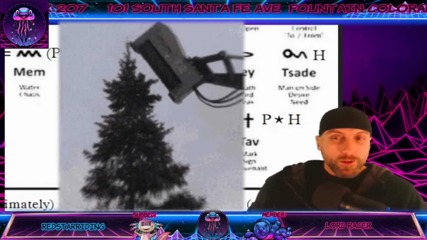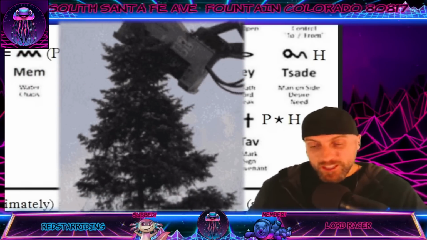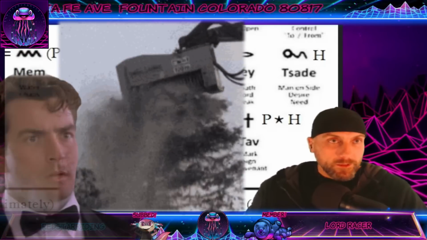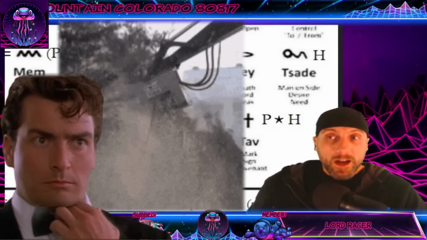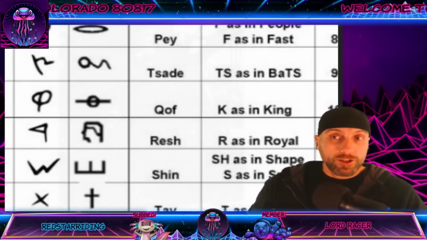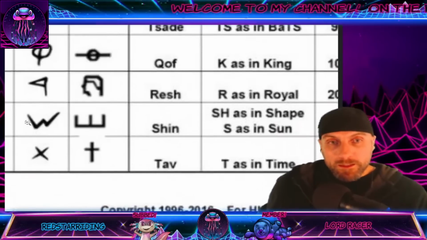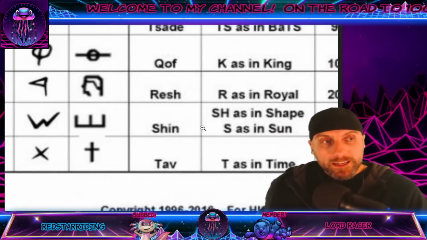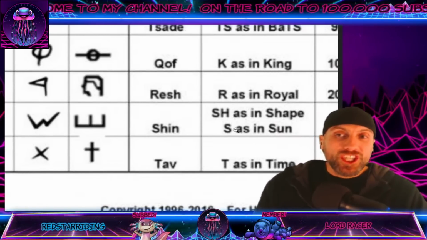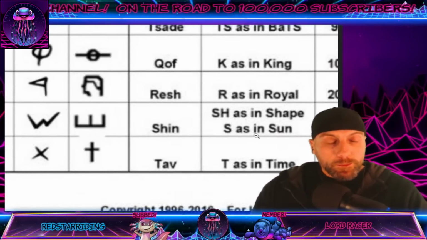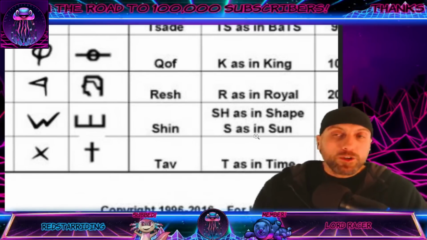Okay, so this letter Sheen is typical of having a negative connotation because of what it implies, which is the teeth are there to crush, to destroy, to break down things, right? And this one is more of a sh sound. It could be pronounced S, but that's more Samek.